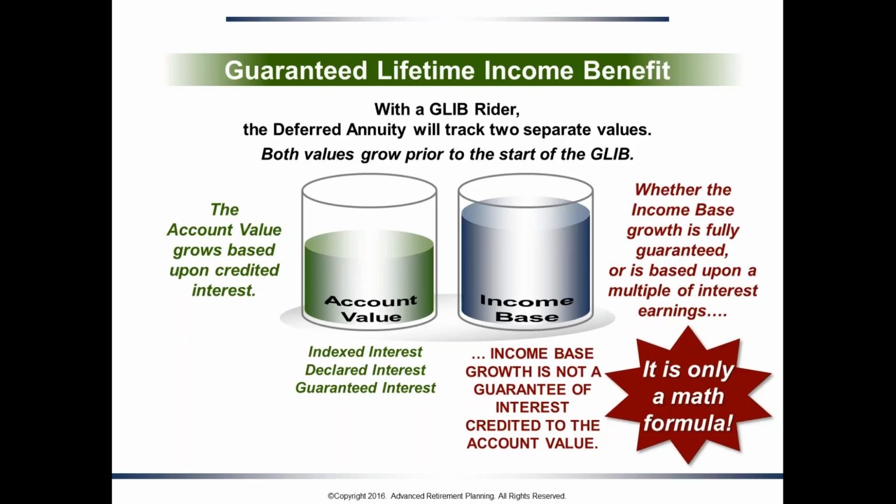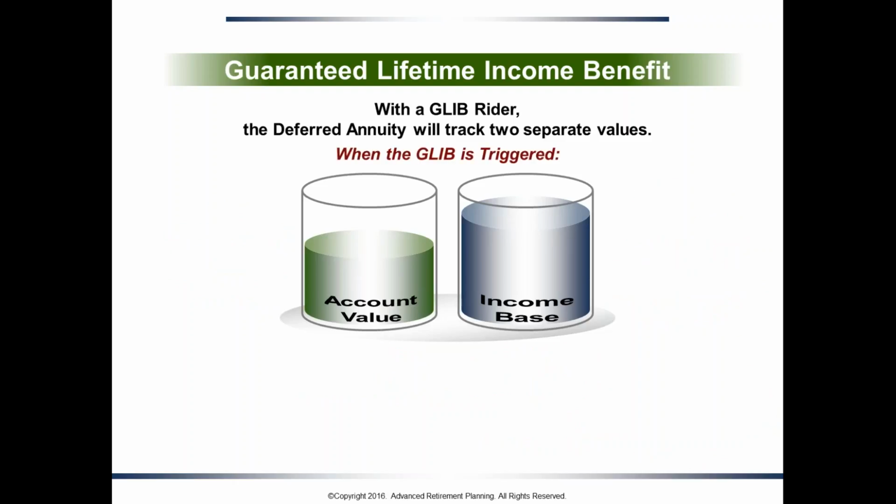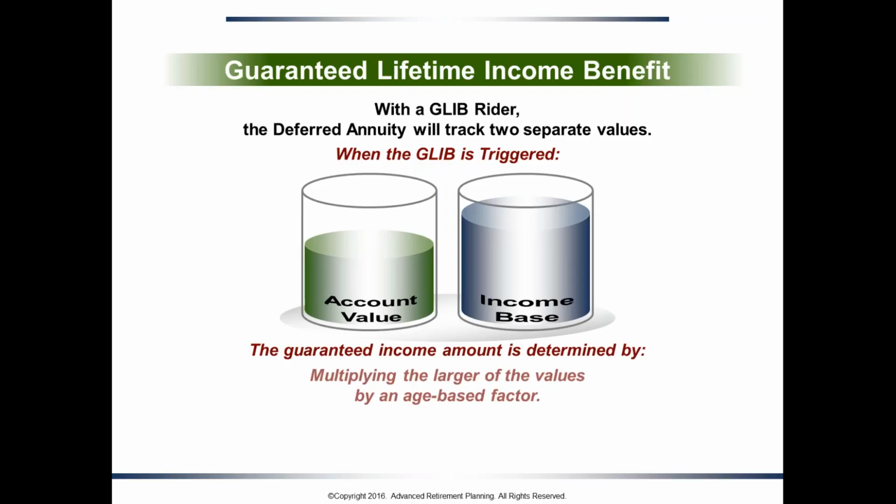Because this income-based growth is simply a math formula. It's not real money. It's a phantom calculation that's going on, as we're going to see. Now, once that GLIB is started, or I like to use the term triggered, then what's going to happen?